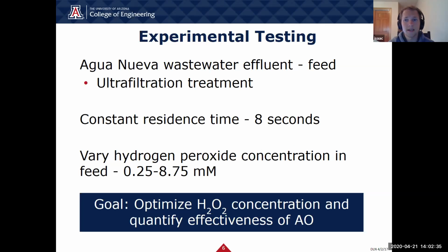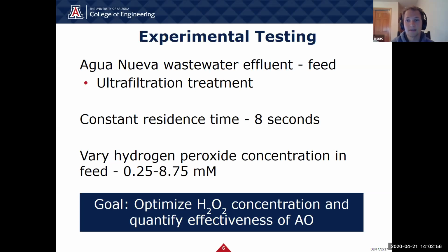For our experimental testing, we took Agua Nueva's wastewater effluent. It was treated with ultrafiltration, and this was our feed to the advanced oxidation pilot scale reactor shown in the apparatus Manuel discussed. We set a constant residence time of 8 seconds based on individuals who had used this reactor prior.